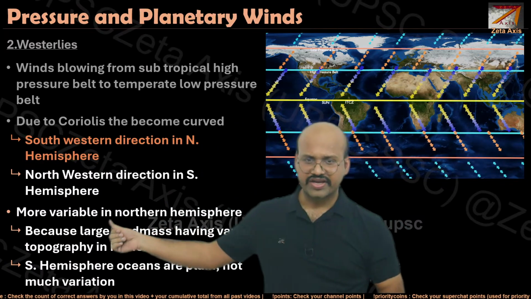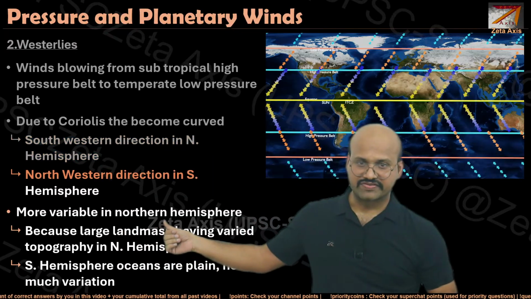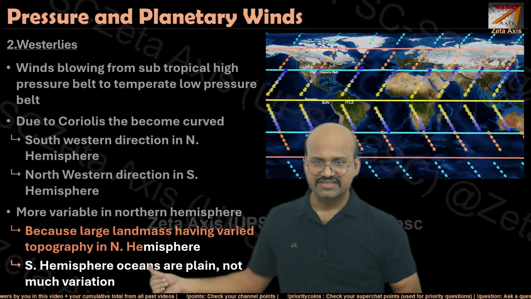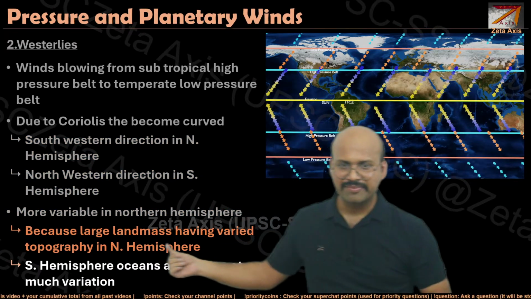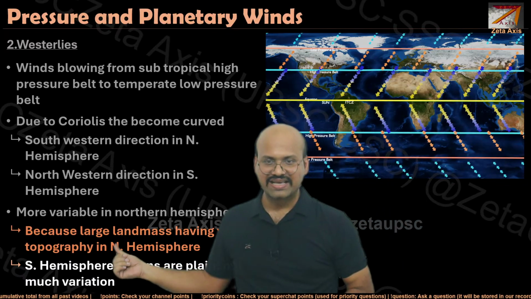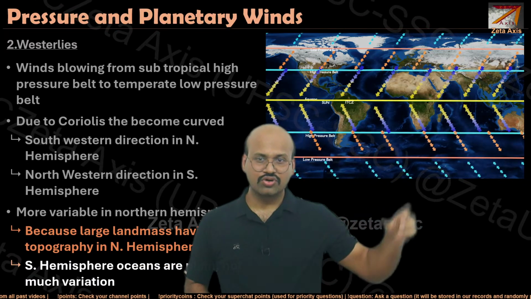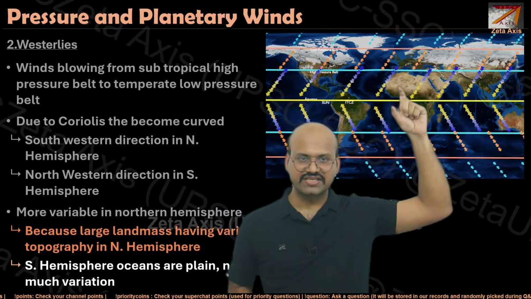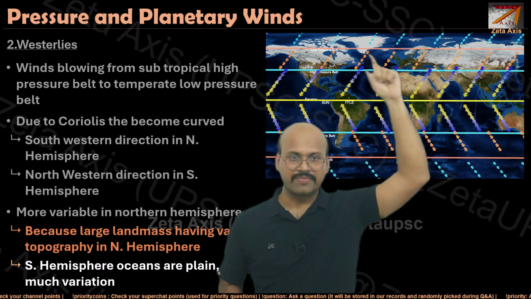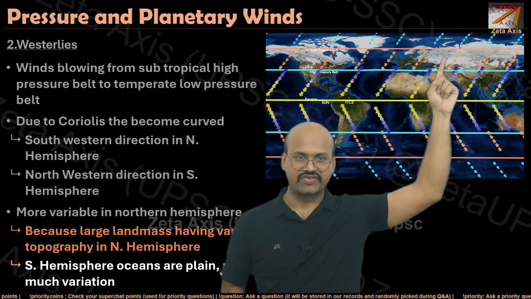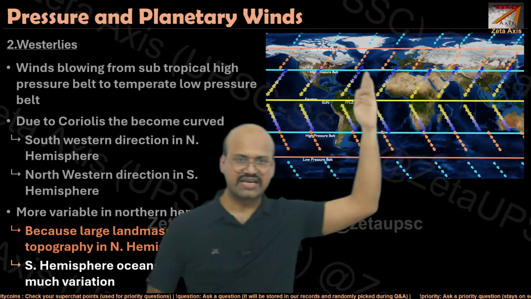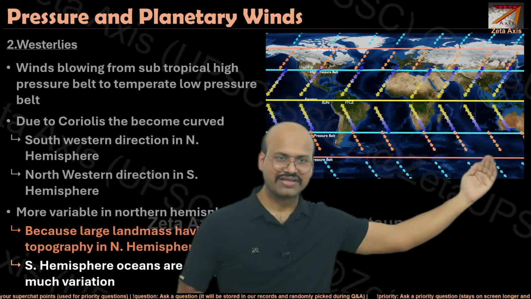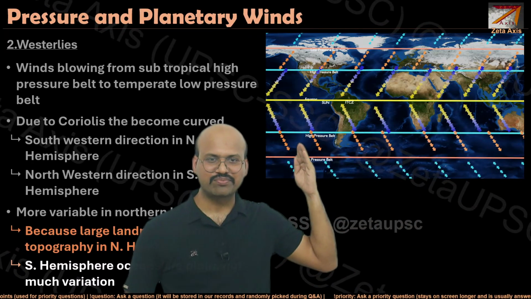They are more variable in the northern hemisphere, and the reason is the large land mass having varied topography in the northern hemisphere. So these westerlies have very high variability in the northern hemisphere, and we can see that there is large land mass in these regions compared to the southern hemisphere, where mostly it is oceans.